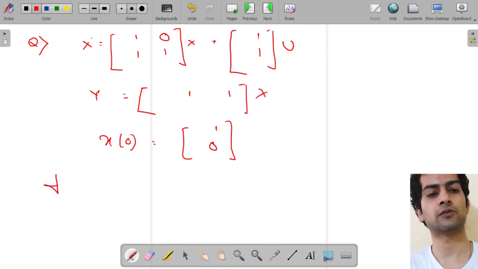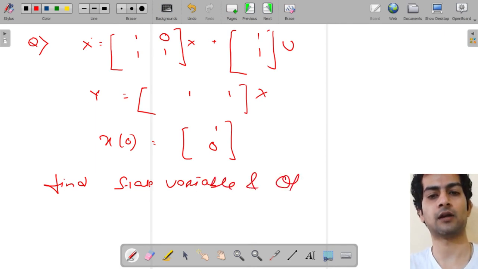You are asked to find the state variables and the output.